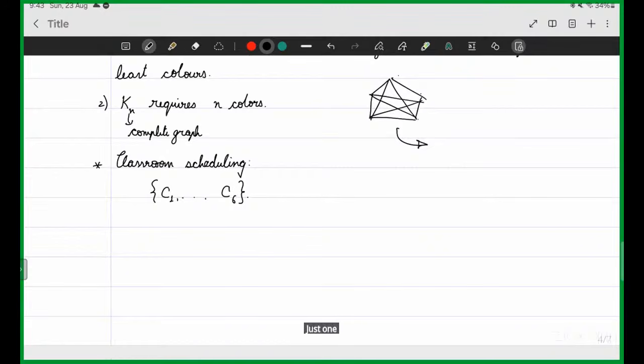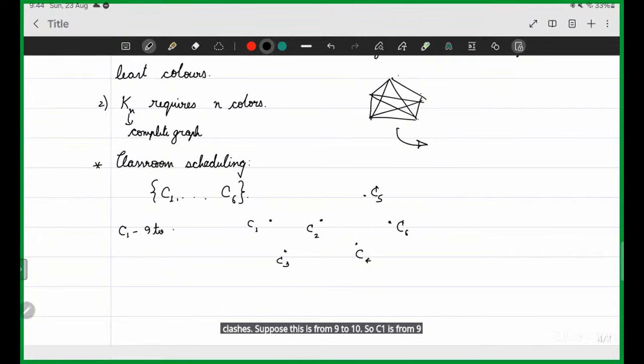Just one moment. I will draw a graph now with C1, C2, C3, C4, C5, C6 as the vertices. Now I will draw an edge between 2 courses if their time slots clash. Suppose C1 is from 9 to 10. Let's keep 2 hour slots so that we can have clashes properly.